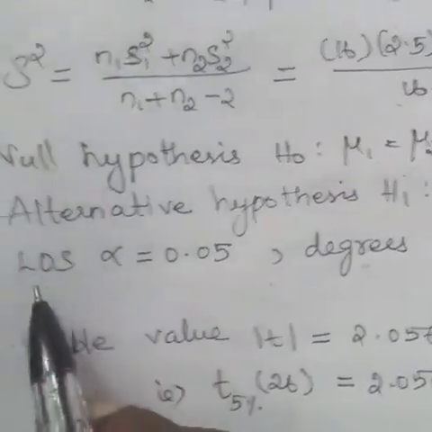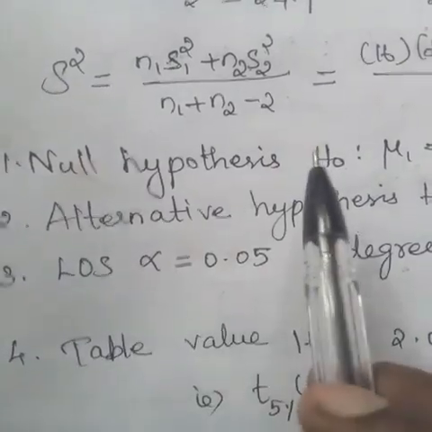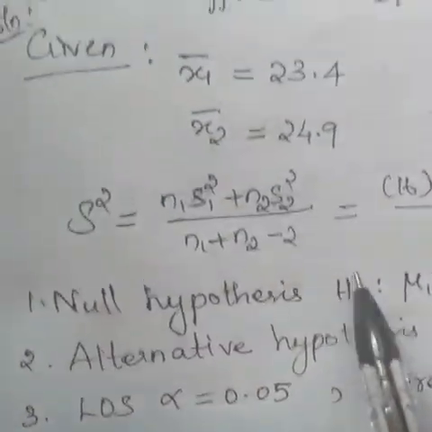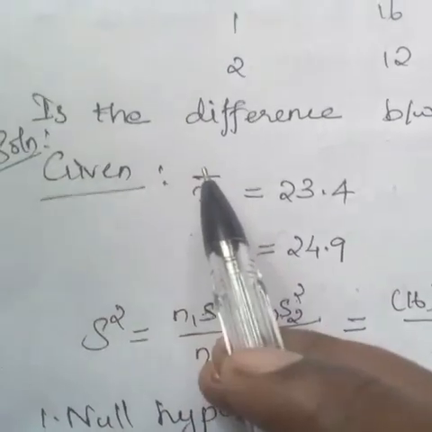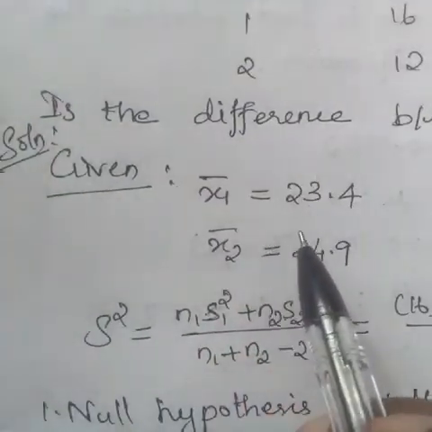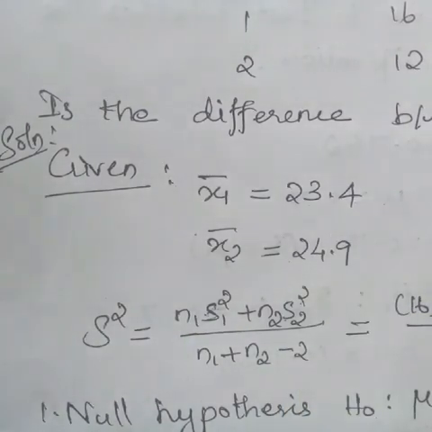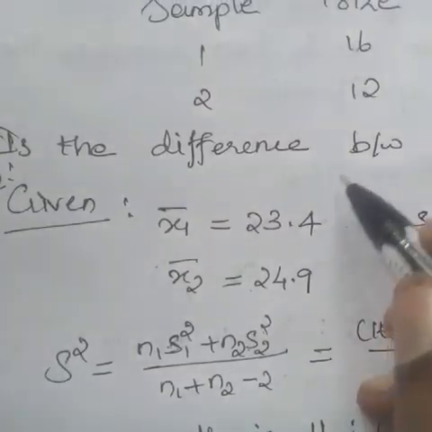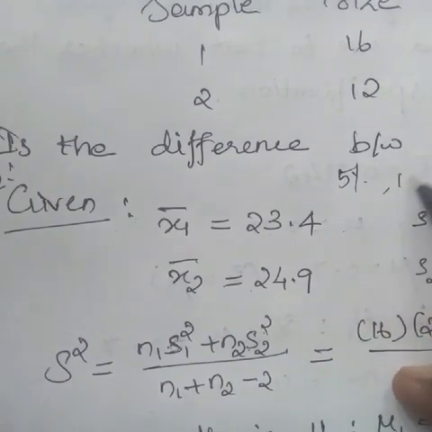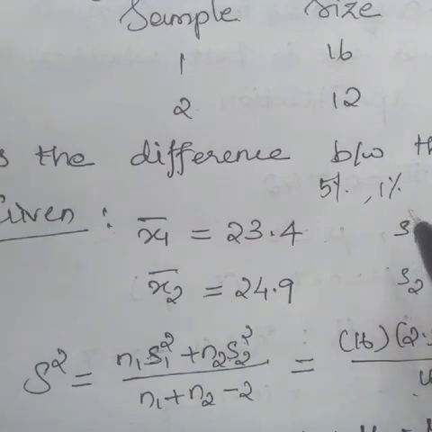The next, level of significance, LOS. It is not mentioned in the question. So already I told, if any level is mentioned, we have to find the particular level. We have two levels, 5% level and 1% level. If it is mentioned 1%, we must find the 1% level.